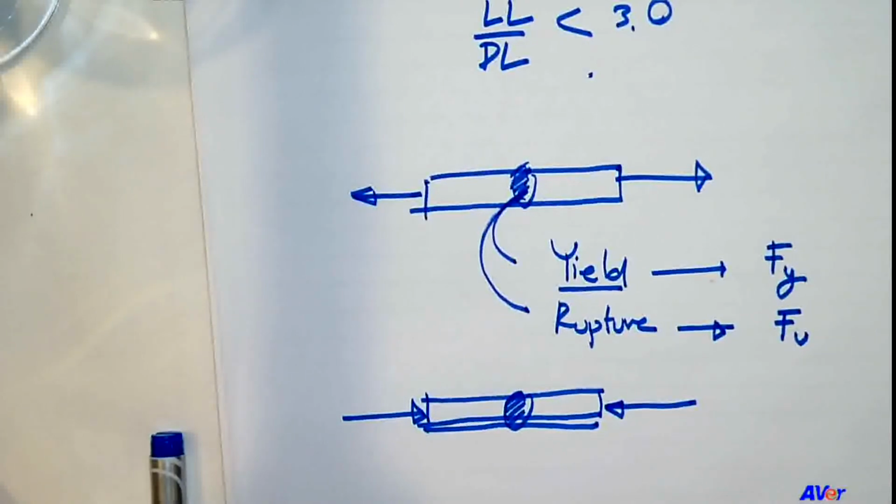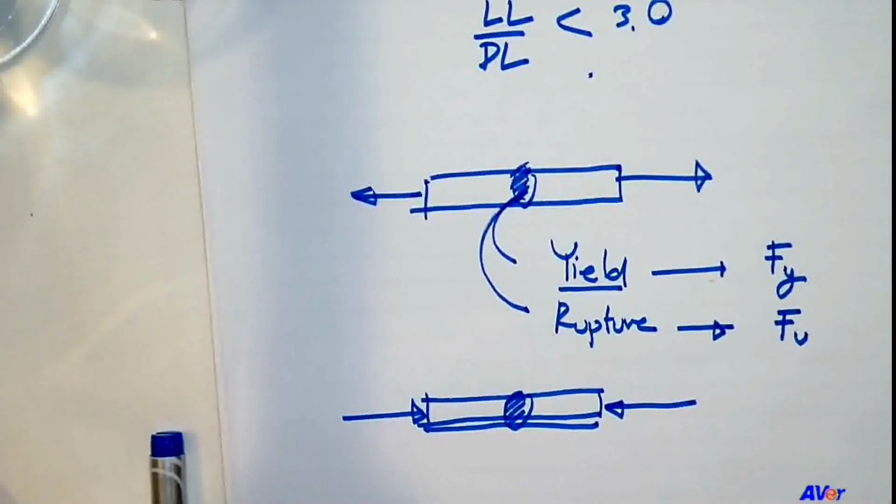But what's going to happen to steel is that if you keep applying compression, it's going to buckle. Actually, it should not have any sound. It's just going to go sideways. It will lose stability.